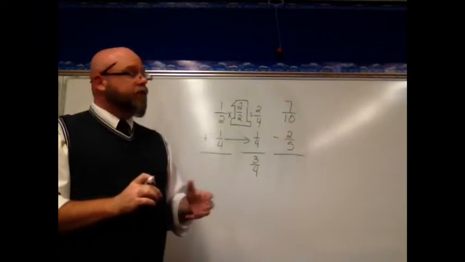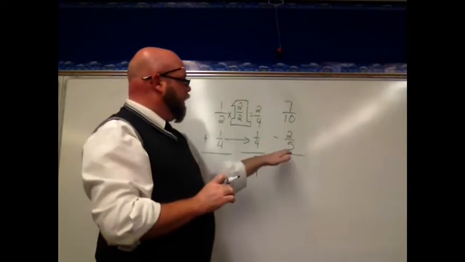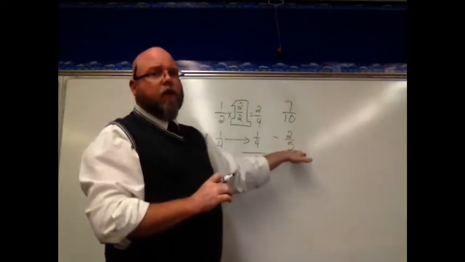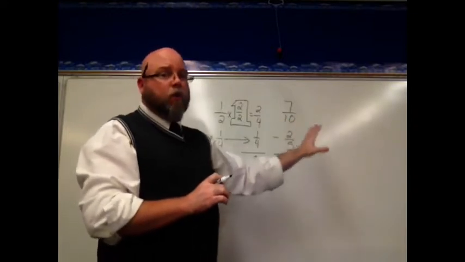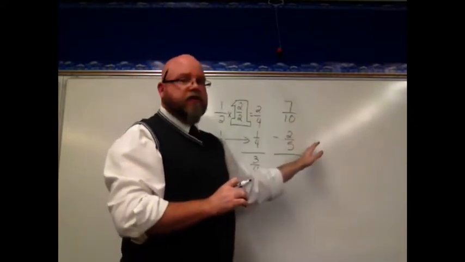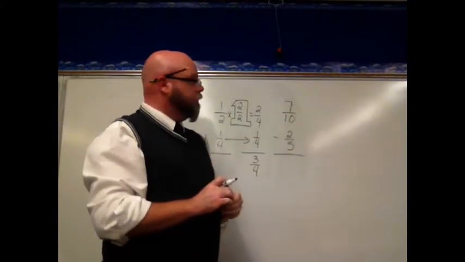And that's one of the ways that we're going to see how to add and subtract fractions that have different denominators. So I've got 7/10 minus 2/5. I can look at the 5 and think, I can count by 5s and get to 10. So I'm going to come up with an equivalent fraction of 2/5 that has a denominator of 10 so I can work with these.